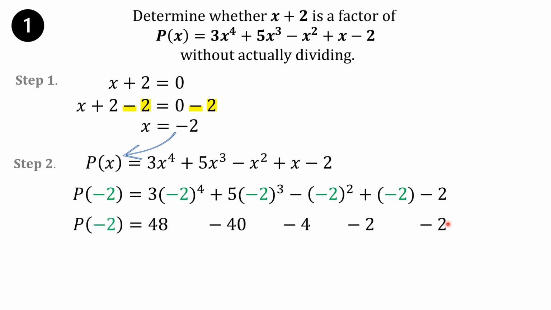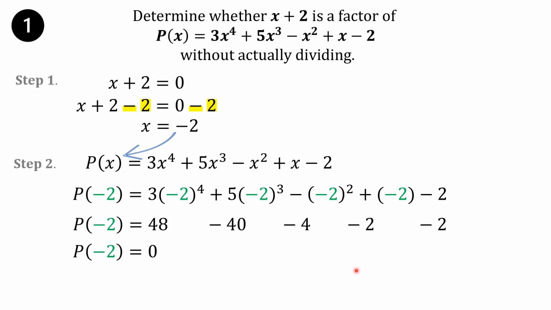Performing the operations, p of negative 2 equals 48 minus 40 minus 4 minus 2 minus 2. Simplifying, p of negative 2 equals 0.